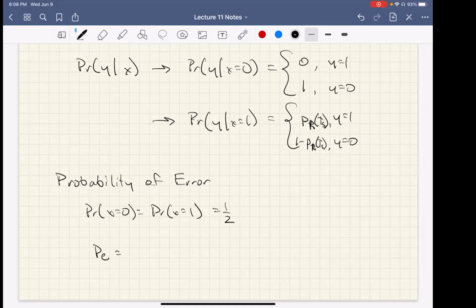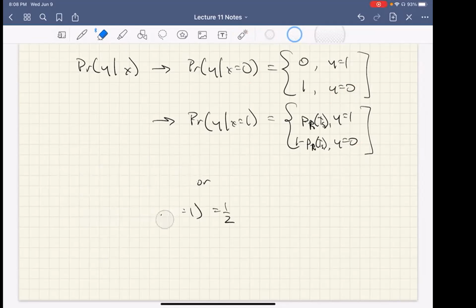We can see the decision rule very easily. If nothing is observed, then we pick the greater of 1 or 1 minus PR TS, so we naturally pick X equals 0. Let's make this more explicit: the decision rule, maximum likelihood decision.